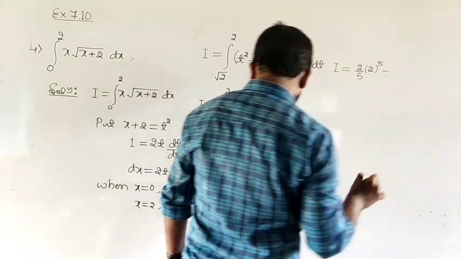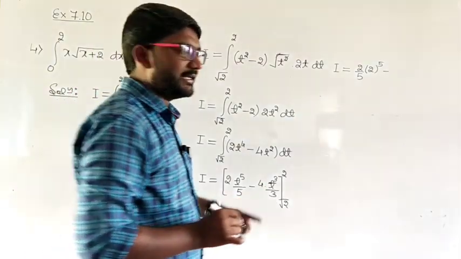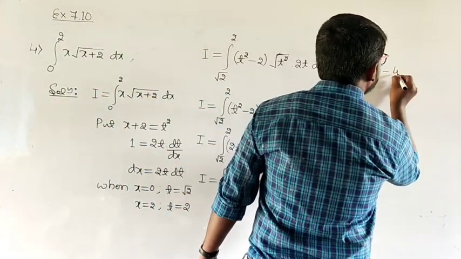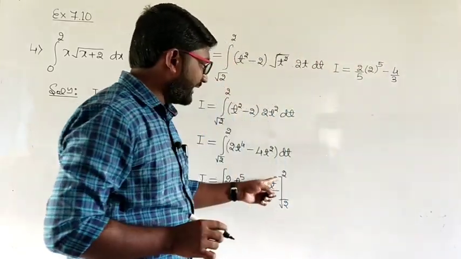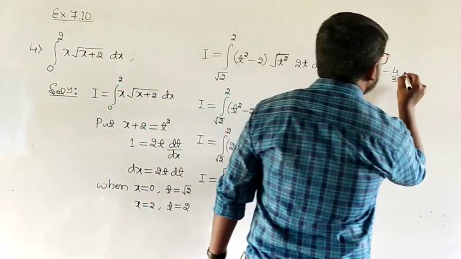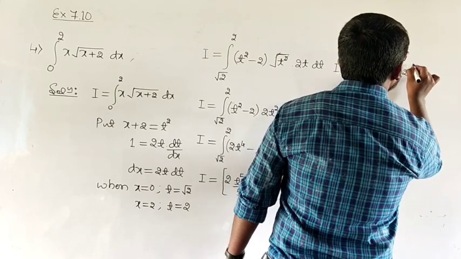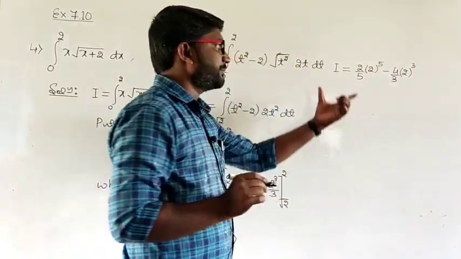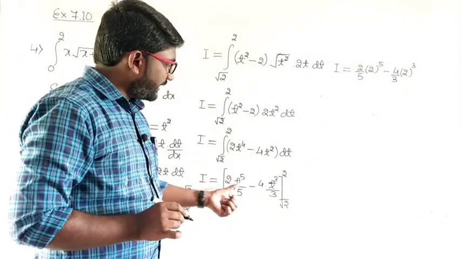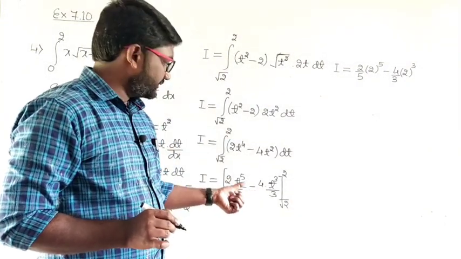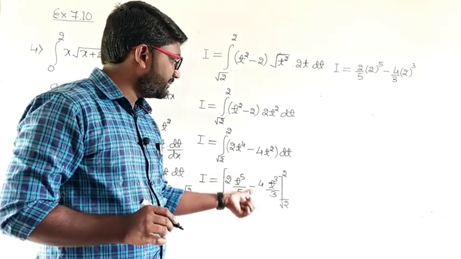Then minus 4 by 3, I write it as it is. In place of t I have to write 2, it becomes 2 cube. This is the upper limit, minus the lower limit. Here minus into minus becomes plus, so this term will be negative and this term will be positive.